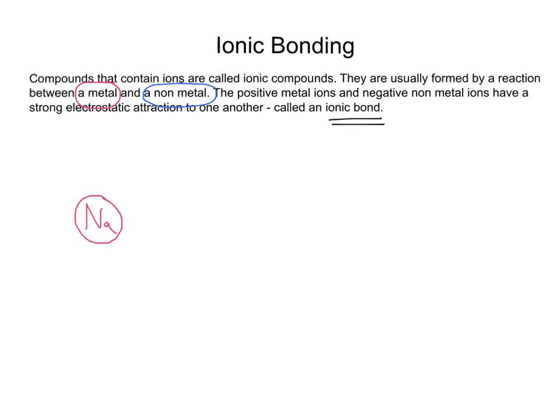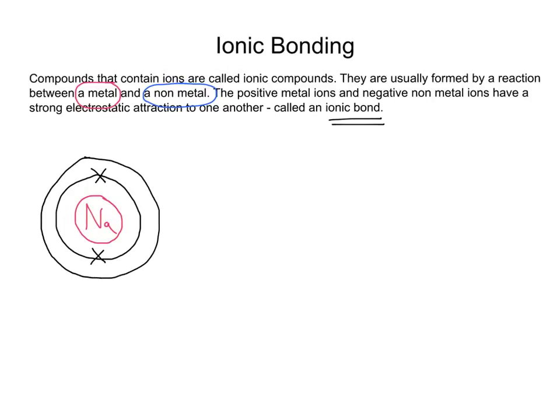Now it's not the best drawing, but we're going to just draw the shells, the orbitals around the center, and I'm going to use X's to represent electrons. So we have 2 on the inner shell, bit of a wonky circle there.